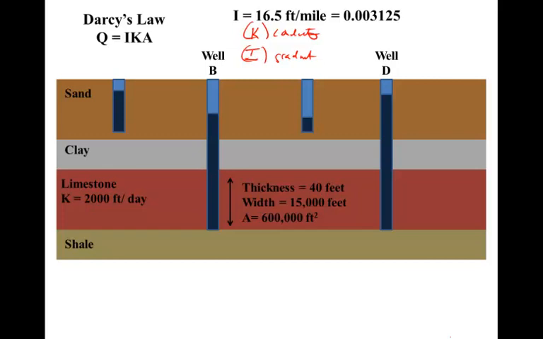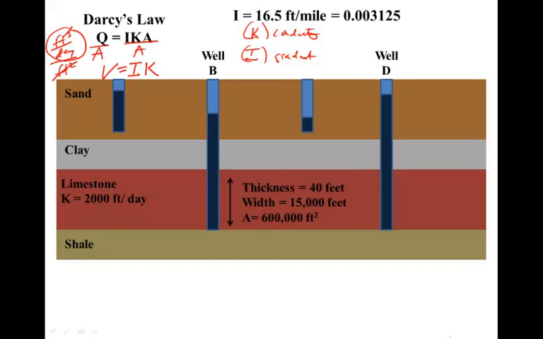We can get velocity by dividing both sides of Darcy's equation by A. The result, because discharge has units of volume over time, say cubic feet per day, dividing it by units of area, say square feet, cancels 2 of those 3 feet, we're left with units of feet per day, which is a unit for velocity. So velocity is given by the hydraulic gradient times the conductivity.